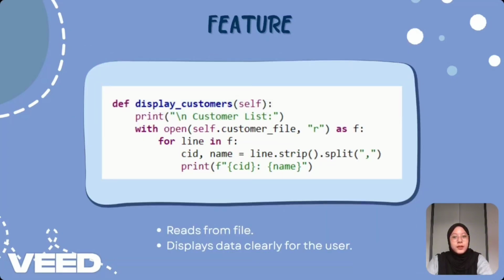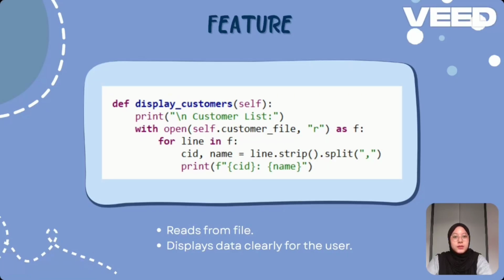And the second function is display_customers. The display_customers method follows a similar structure, and it reads the customer file and splits each line into customer ID and customer name and outputs the customer list.